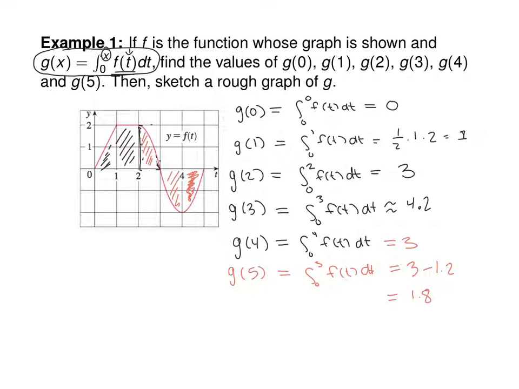Okay, and now let's use those points to plot g. So 1, 2, 3, 4, 5. With this g function, what do you get when you plug in 0? 0.